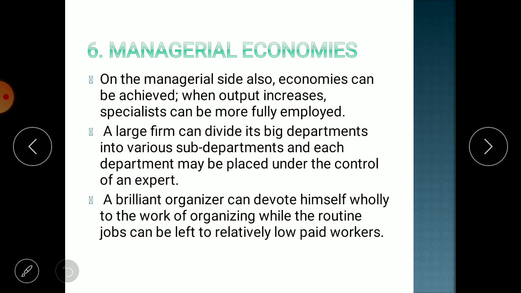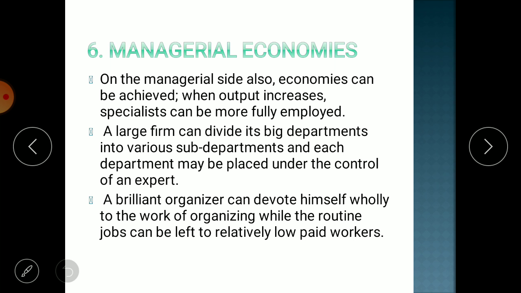In small firms, they have only one owner. Here also we can make the comparison between the sole proprietorship and the joint stock company. In sole proprietorship, only one owner is there who is working from peon to managing director. Everything is done by that owner only. If you talk about a joint stock company, then basically we find that four types of departments are there.